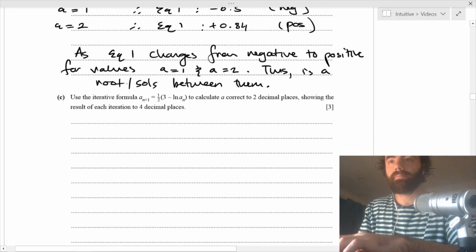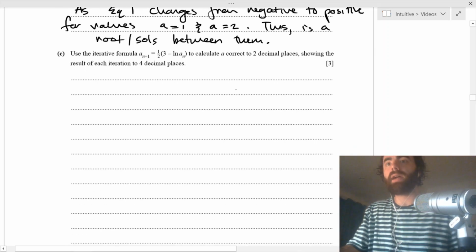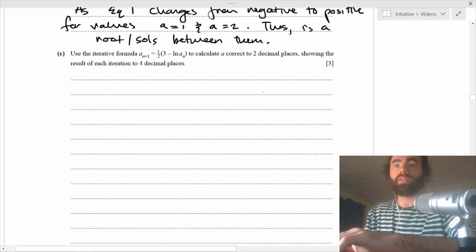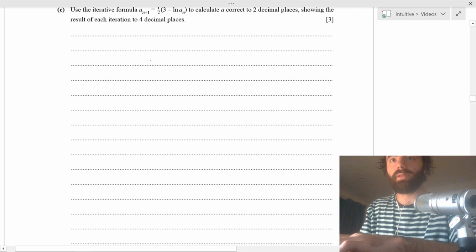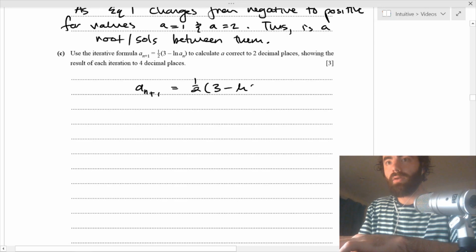Okay, use the iterative formula to calculate a to 2 decimal places, showing the result of each iteration to 4 decimal places. Well, this is quite simple. All we have to do is write out 3 minus ln of a n.